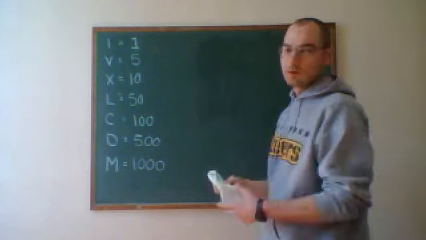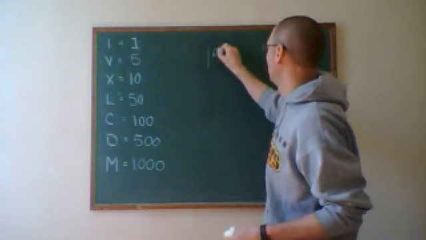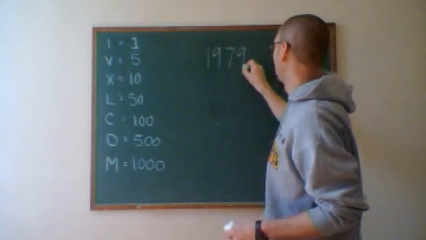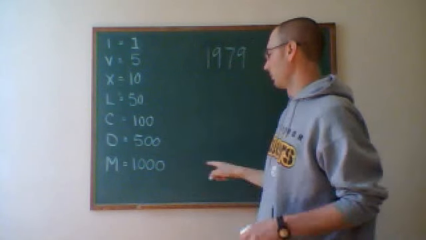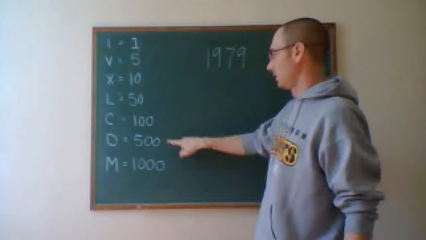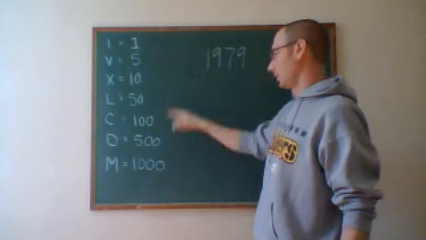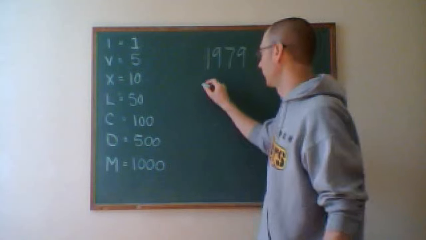Let's go ahead and do one for the year I was born, 1979. So, now we're going to have to do something a little different. For 1979, we can't get to 1900. Well, I suppose we could, but a quicker way would be to subtract from a 2000.